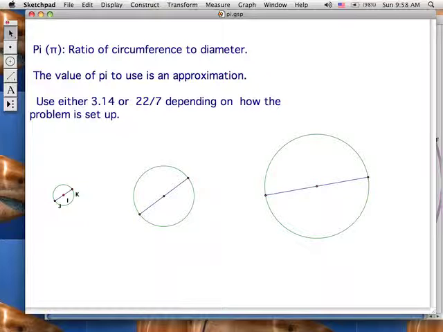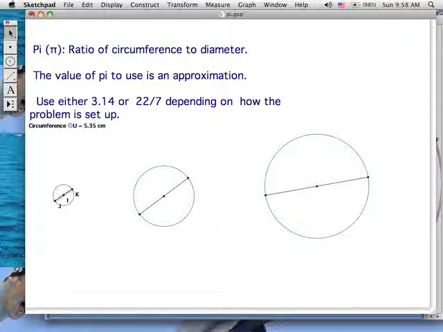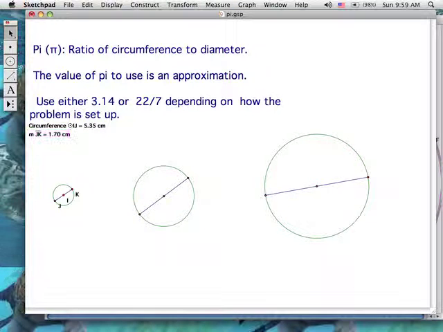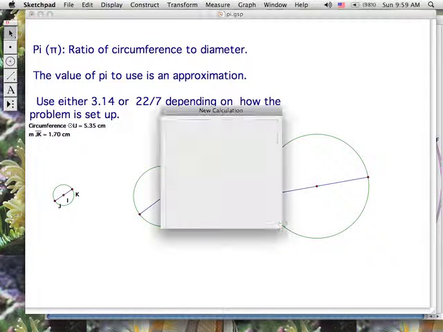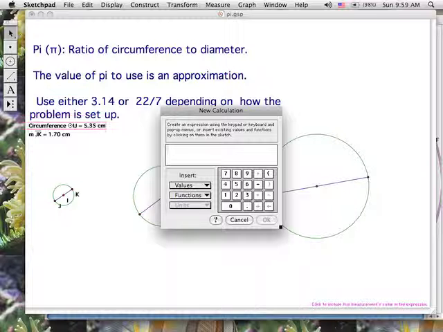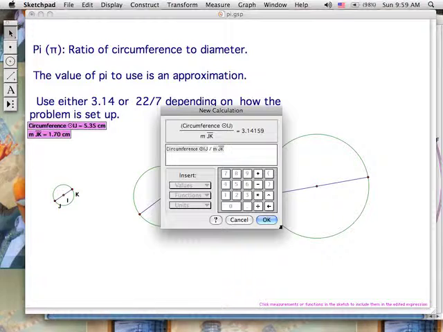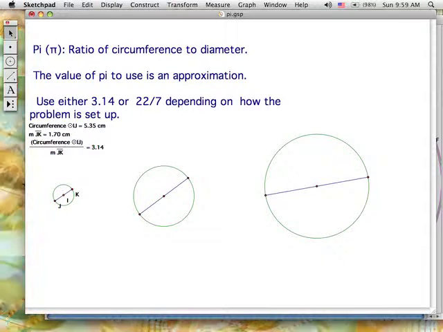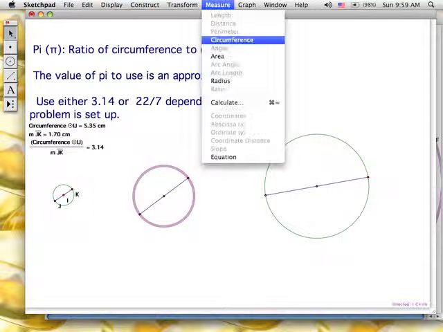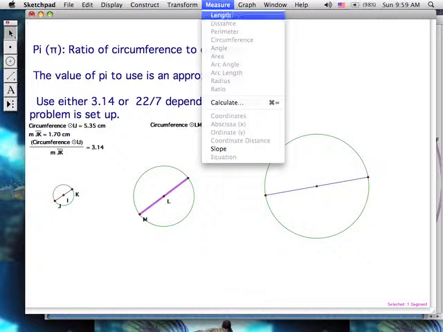So if I deselect everything, if I take the circumference, measure the circumference, and then measure the diameter, and then I go to calculate, and I take the circumference and divide it by the diameter, you get 3.14. Now watch it with this one. So deselect everything, take the circumference, measure it. Take the diameter, measure it.